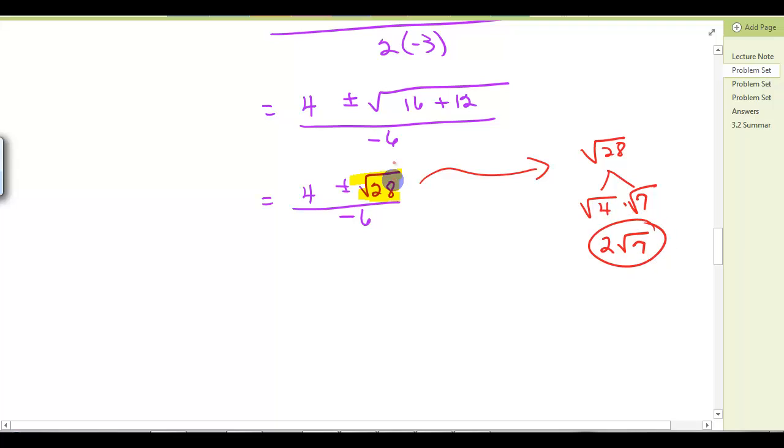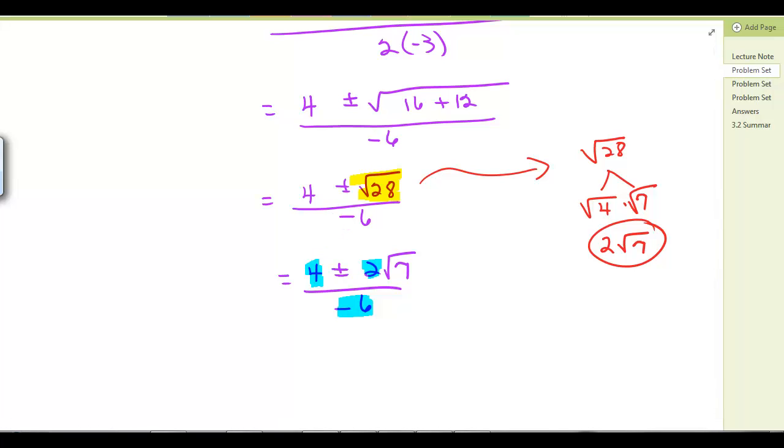We're going to use that instead of square root of 28. And when you get to this, you want to look at this value, and this value, and see if they are all divisible by the same thing. They are, and we could divide everything by 2. So we would end up with 2 plus or minus square root of 7 over negative 3.